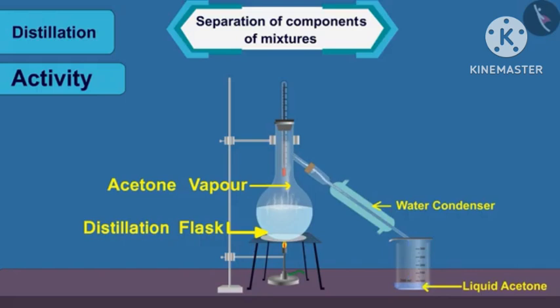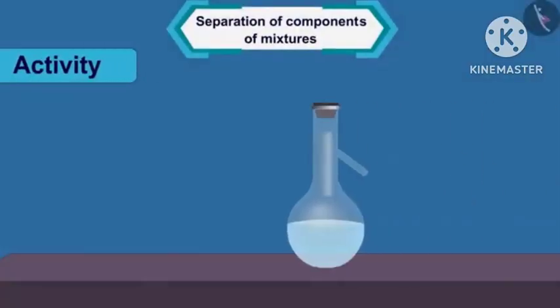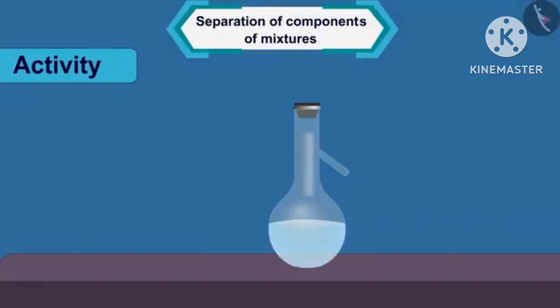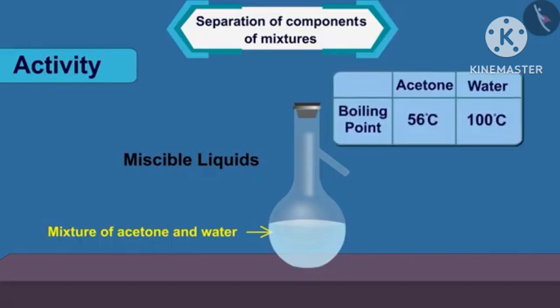In this way, we can separate the mixture of acetone and water by distillation. This was possible because a mixture of acetone and water is a mixture of 2 miscible liquids that boil without decomposition and have a sufficient difference in their boiling points, between 56 degrees Celsius and 100 degrees Celsius.